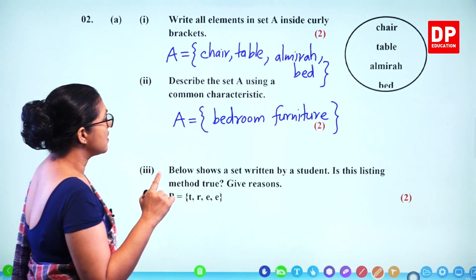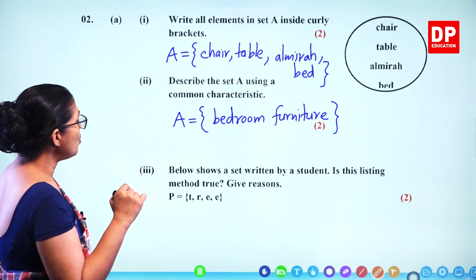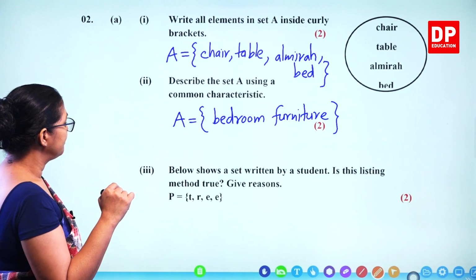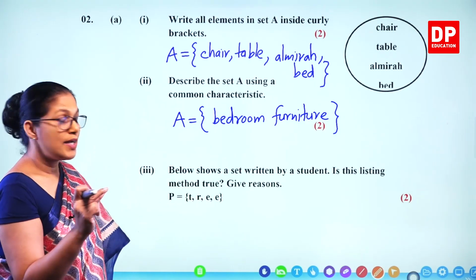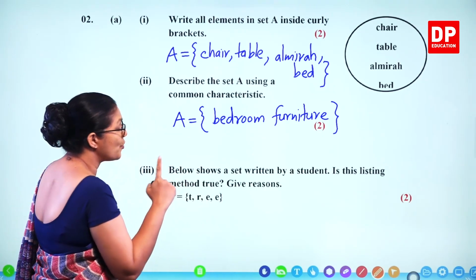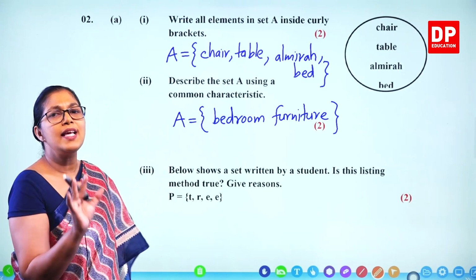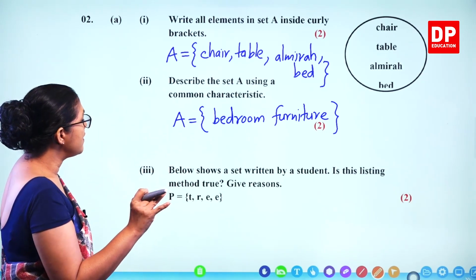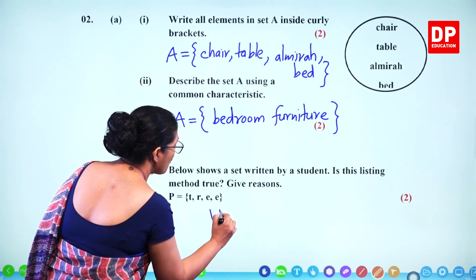Below shows a set written by a student. Is this listing method true? Give reasons. Here can you see? One element E is repeating. So in a set normally we don't repeat the elements. So you have to say this is wrong.